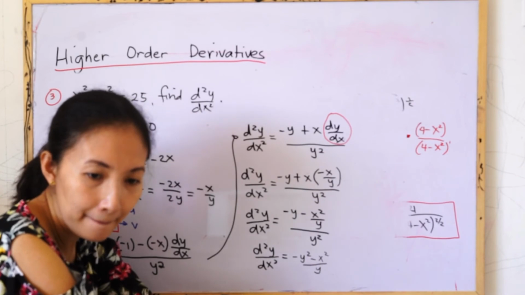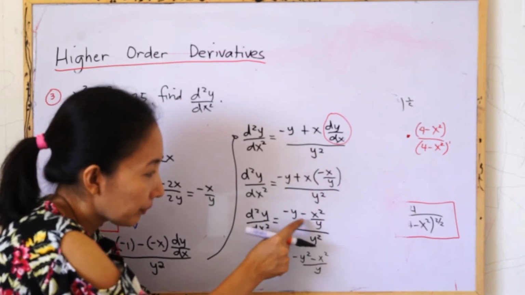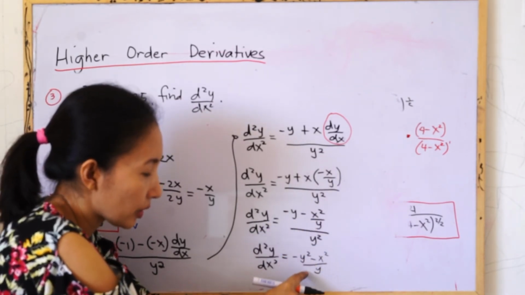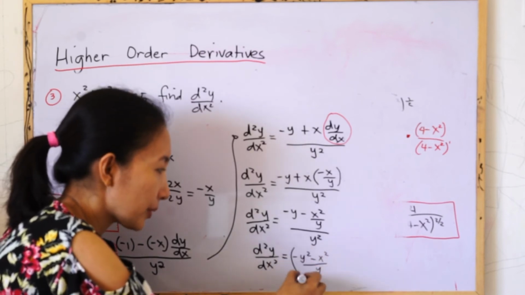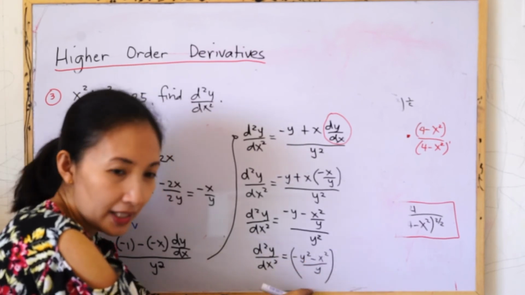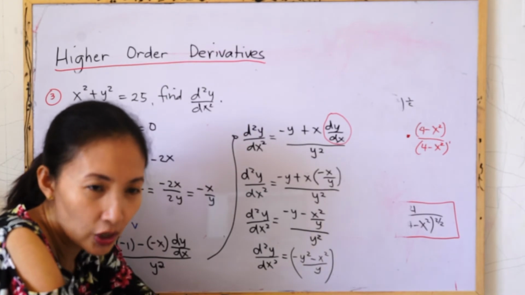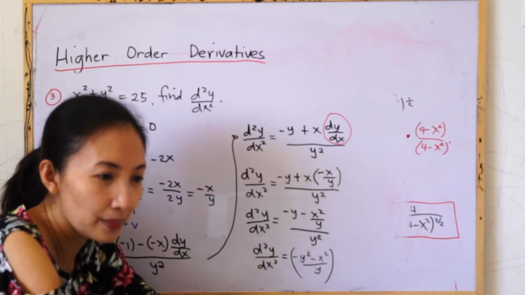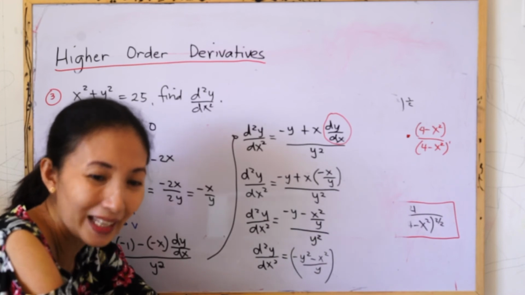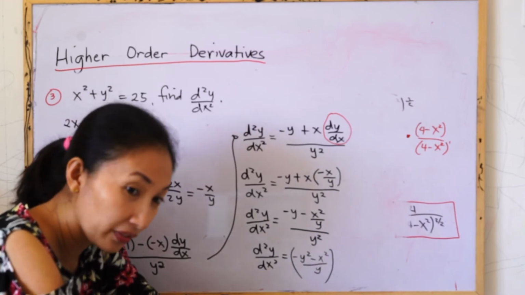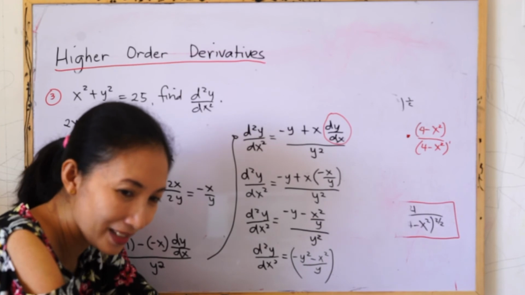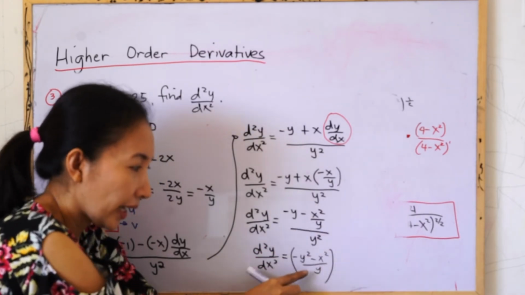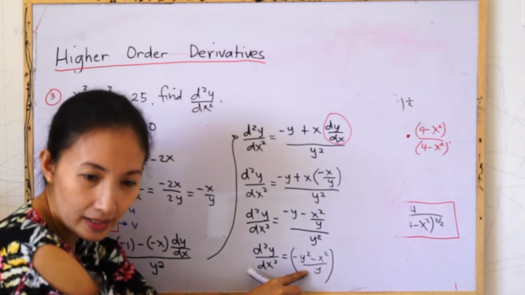Correct? Negative y squared minus x squared all over y, times, remember that division could be expressed as multiplication provided that we get the reciprocal of the denominator. Any questions on how we got this?